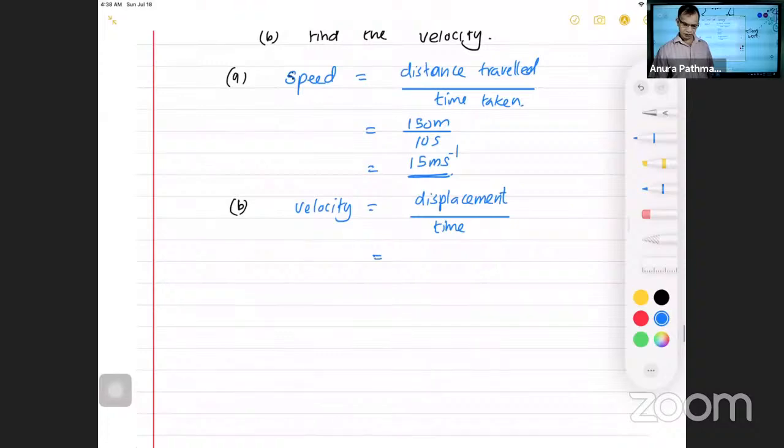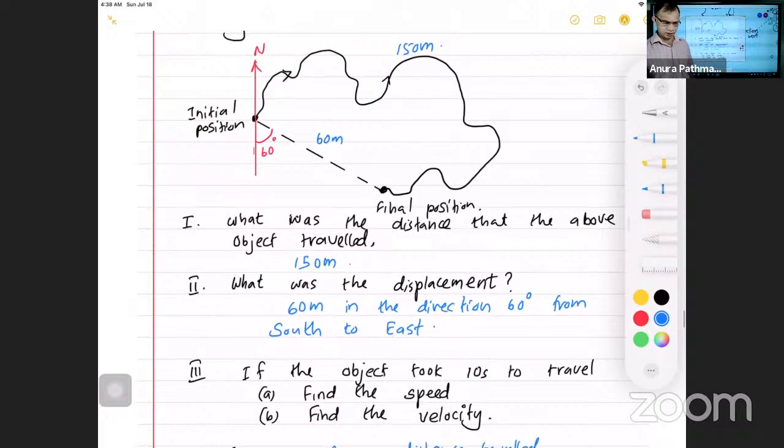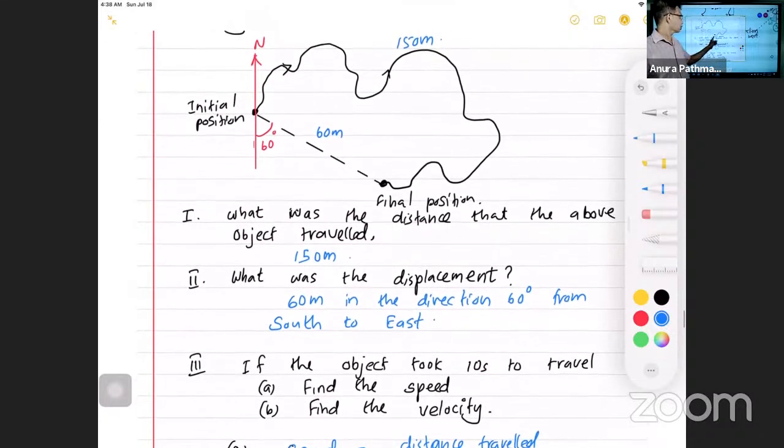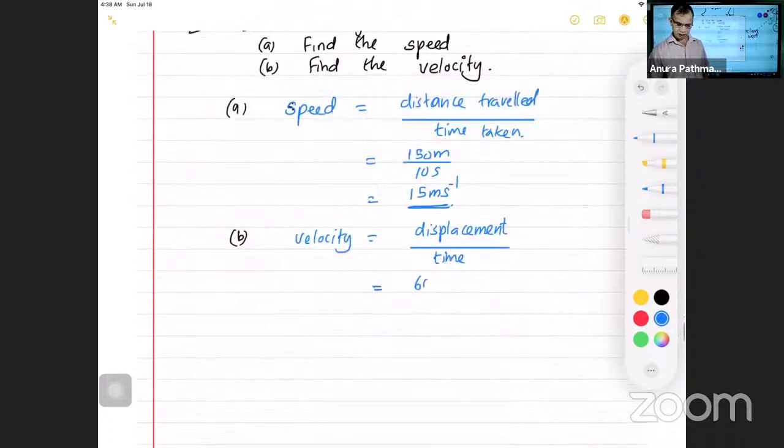Displacement, we know it is the shortest length of the path, 60 meters. Shortest length of the path, 60 meters, divided by 10 seconds, it is 6 meters per second.